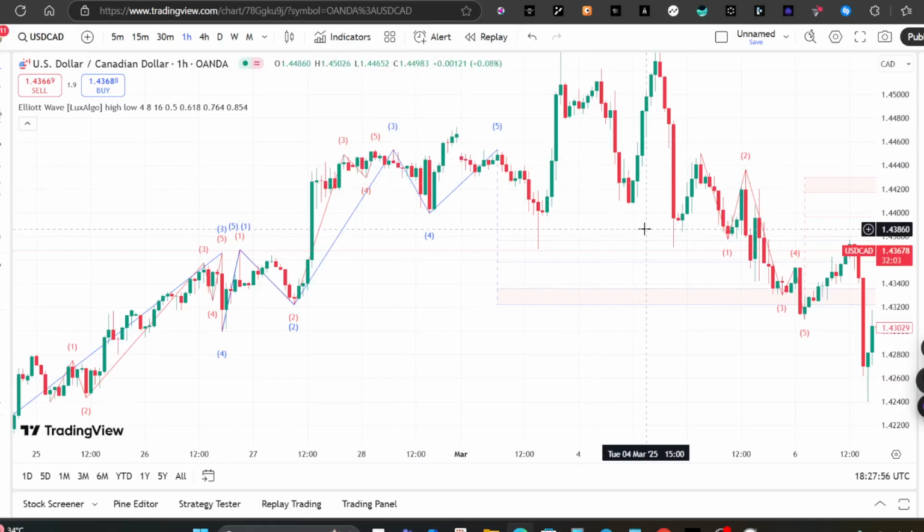The fifth wave is generally the final wave that completes the cycle and often extends further in the direction of the trend. But what happens when that fifth wave does not behave as expected? This is where truncation comes into play.